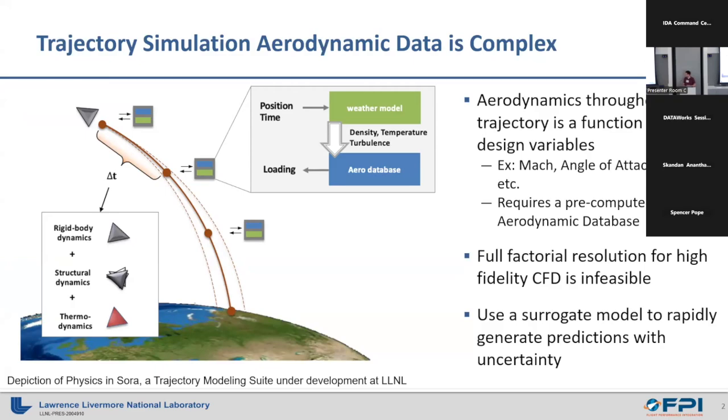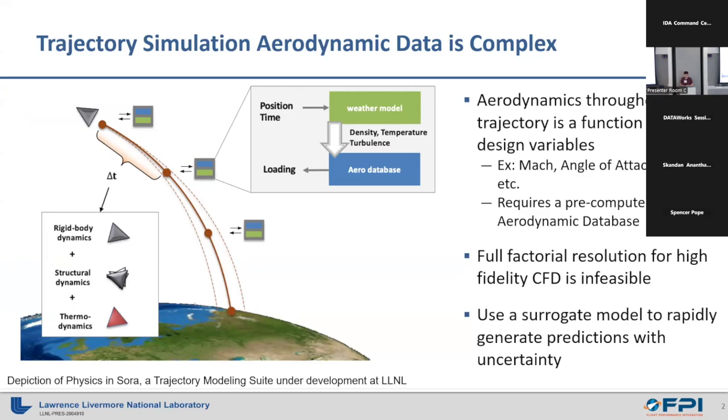What you can see here is probably pretty familiar for a lot of people in this audience, but I'm just going to walk through how this would work. At each time step, you're going to run through a trajectory simulation. You're going to check a lot of different things, but one of those that we're going to focus on is an aerodynamic database.